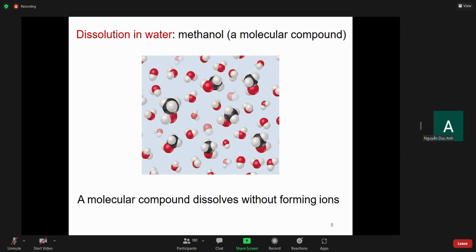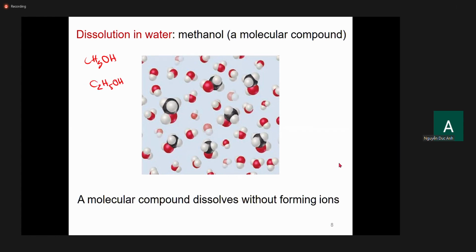Methanol CH3OH, or ethanol C2H5OH, or acetone CH3COCH3. These dissolve because of hydrogen bonds, or hydrogen interaction, with water. The molecules of methanol, ethanol, and acetone in water stay the same.